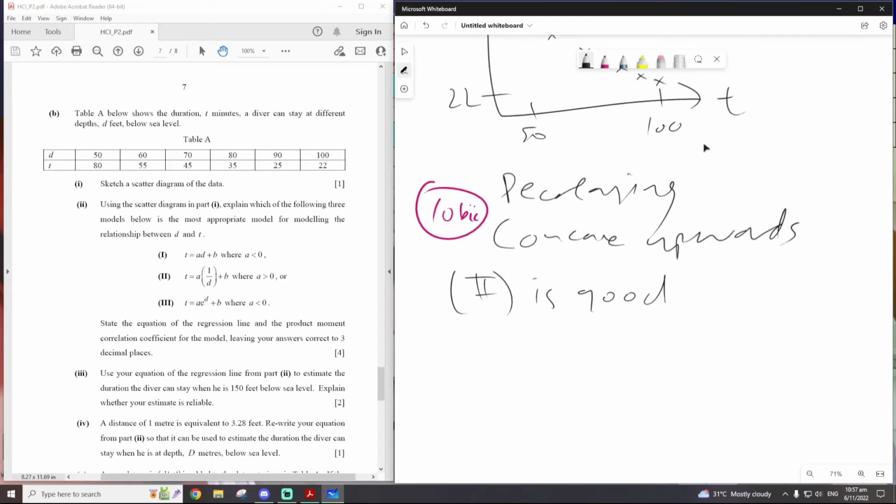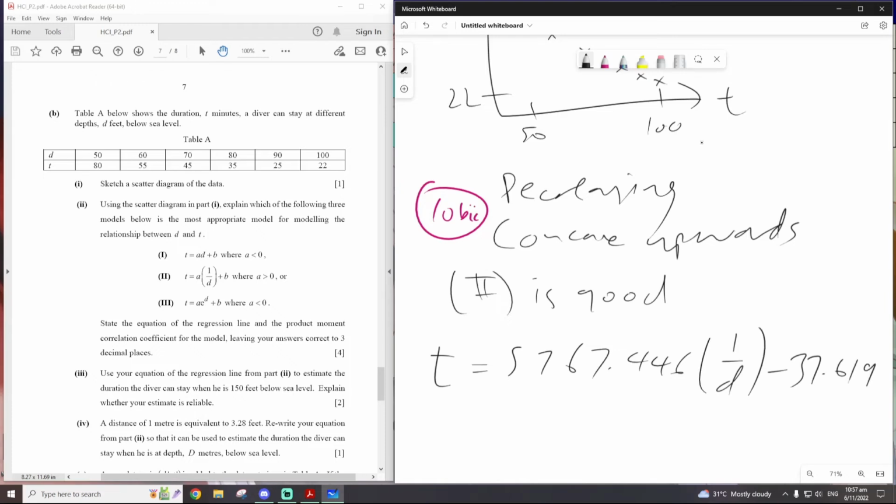Okay, regression line, you can use your GC to find. I hope you know how to use your GC to find the equation of a regression line. But take note that the question says you need to give the regression line to 3 decimal places. So I got t equals 5,767.446 over d minus 37.619.